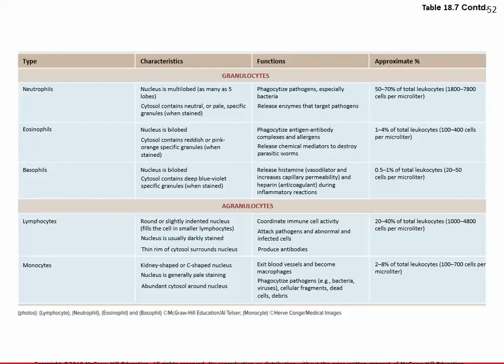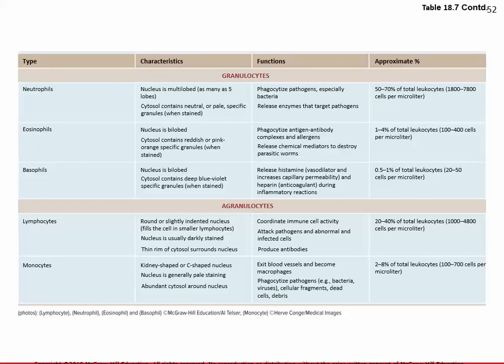They have this multi-lobed nucleus, and the granules stain purple usually. Their job is they act as a phagocyte. They eat bacteria, and they release enzymes that target that bacteria. They are the most common of the white blood cells.